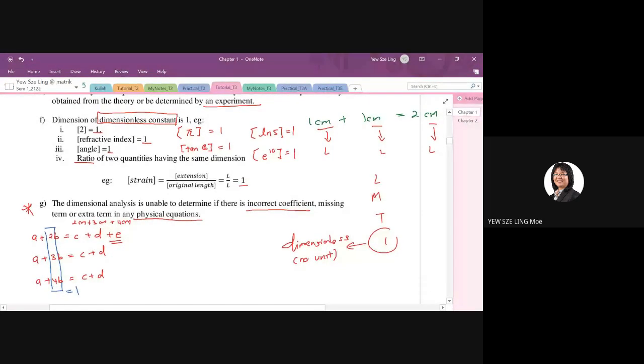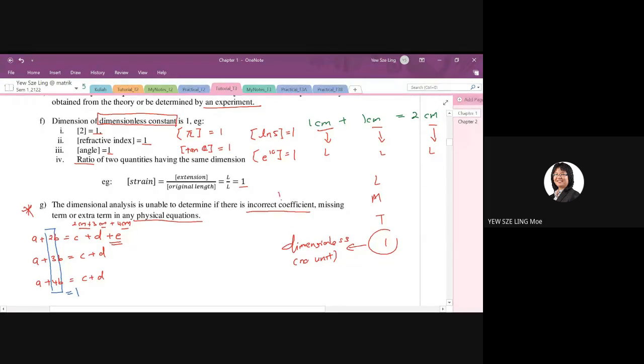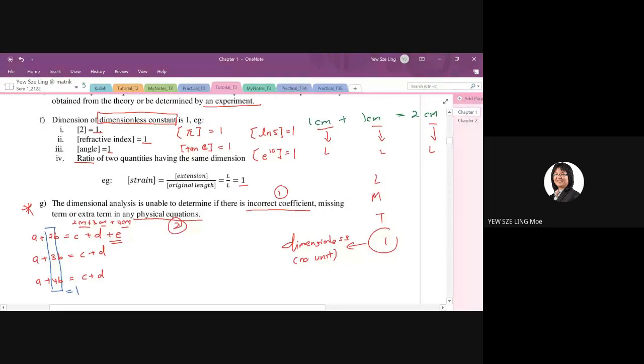Sometimes an equation may be just correct until C plus D. If you add in E, then this becomes an incorrect equation. But you cannot tell from the dimension, because the dimension is still cm. When you add them together, it is still in terms of cm. So this is the second reason: you can't tell whether there's a missing term or extra term.